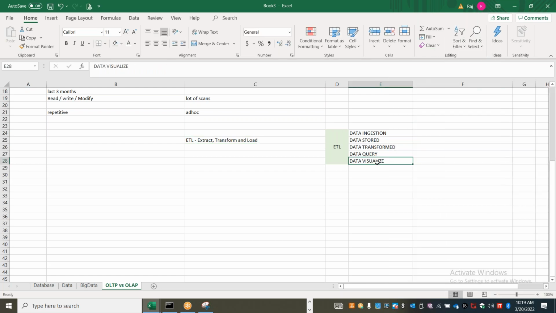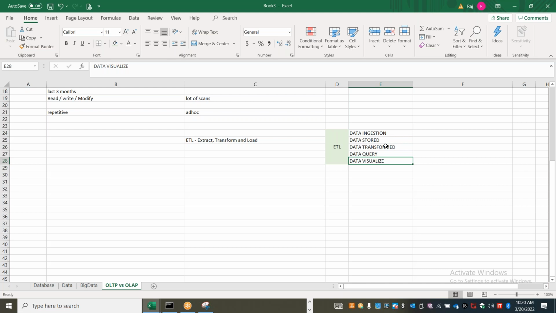If you want to visualize, you have to query the data before visualizing. Before querying, the data has to be transformed and put in a way that is easier for querying and getting the report. So if you want to do a trend analysis or pattern analysis, or take a report, or do a root cause analysis, your data has to be transformed and put in a way that is easy for querying.